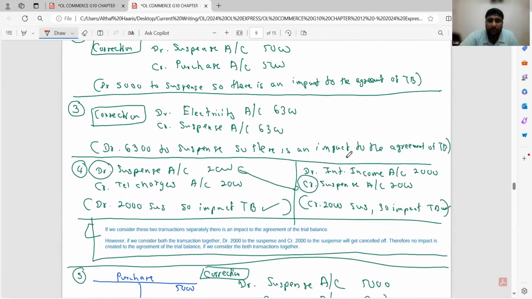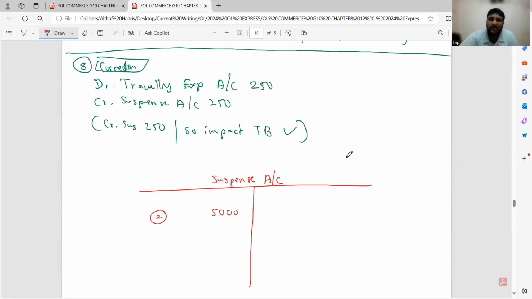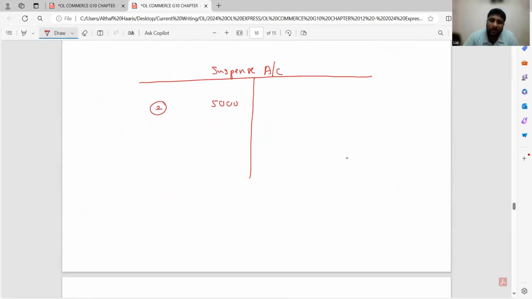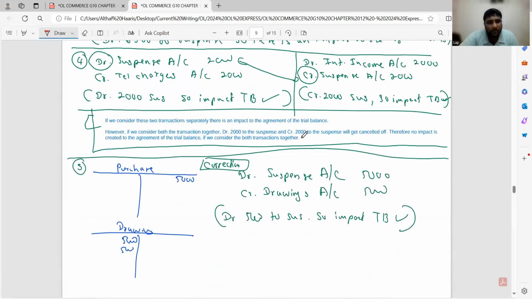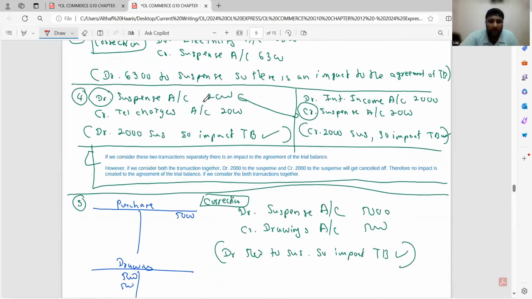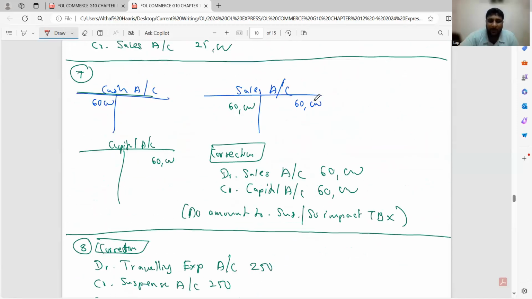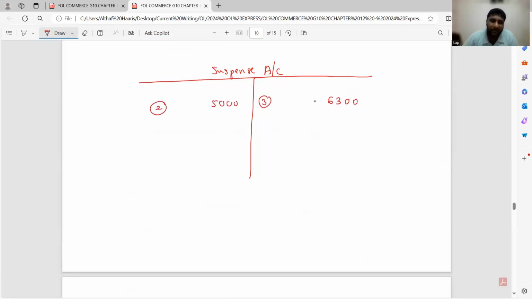And third one, credit 6,300. Fourth one, debit 5,000, credit 5,000. So no point of writing it. Simply, if you want, just write it and cut it off.